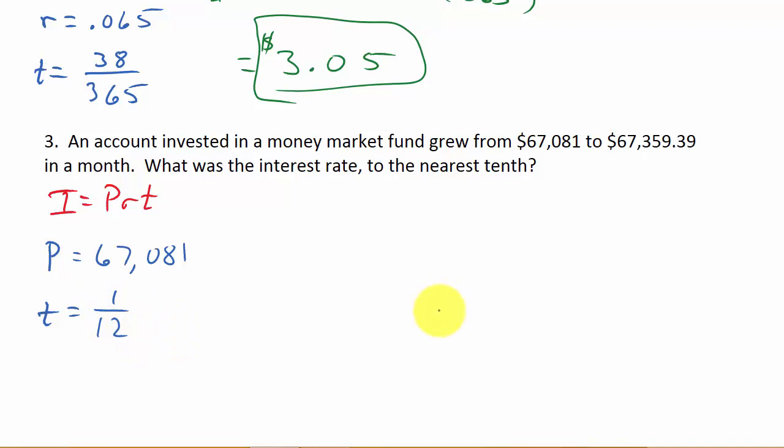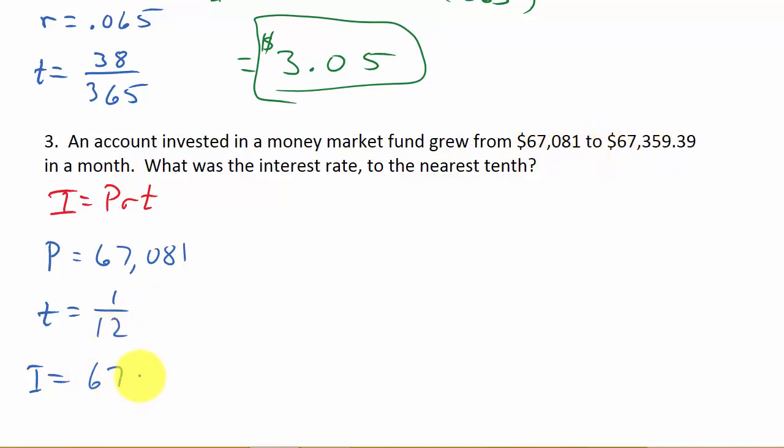Now, we're looking for R, so we need to know what I is. In this case, I would be the difference here. It grew from this to this, so the interest is the difference between the two.